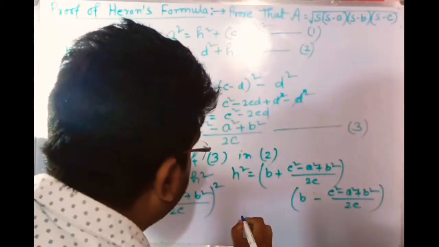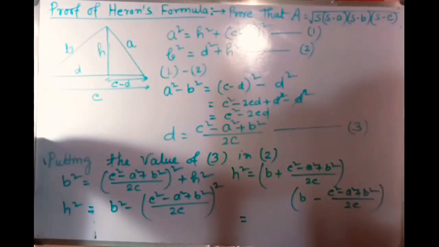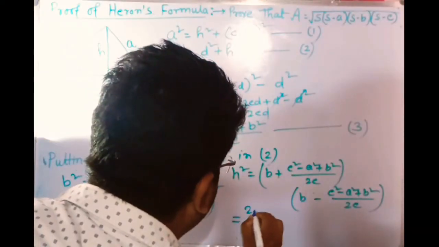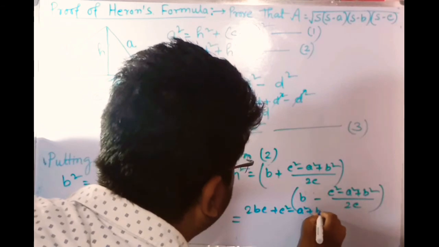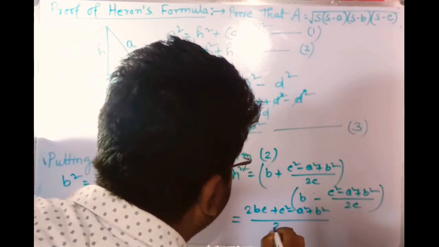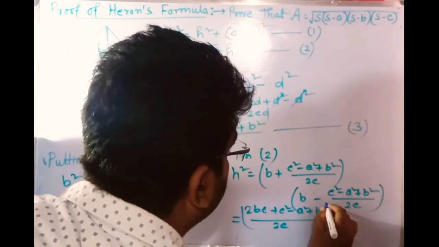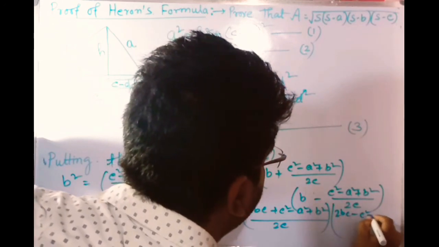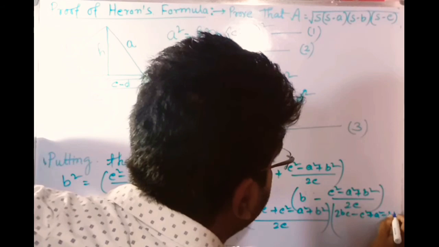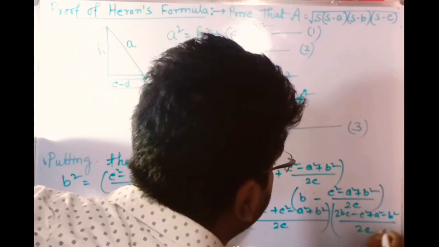Now here if we calculate it, we will get 2bc plus c square minus a square plus b square by 2c into 2bc minus c square plus a square minus b square by 2c.